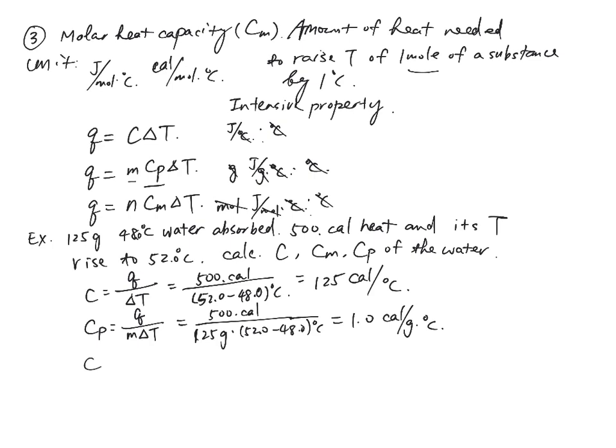Okay, and then if you want Cm, Q over n delta T, 500 calories divided by 125 grams times 1 mole over 18.02 grams of water, and then multiply by 4.0 degrees Celsius, which is 52.0 minus 48.0.